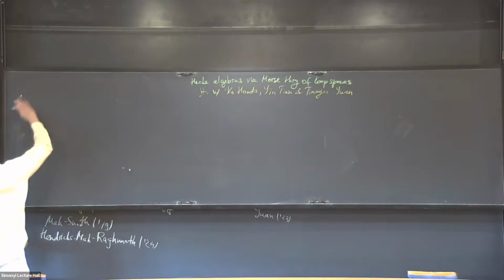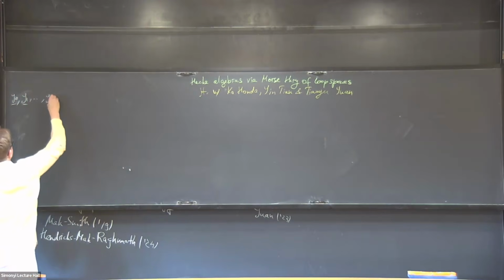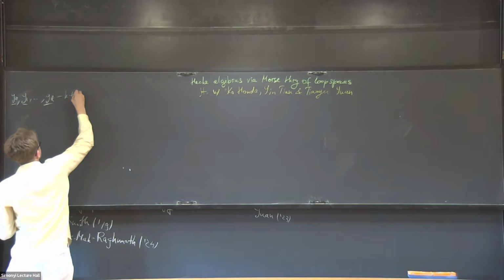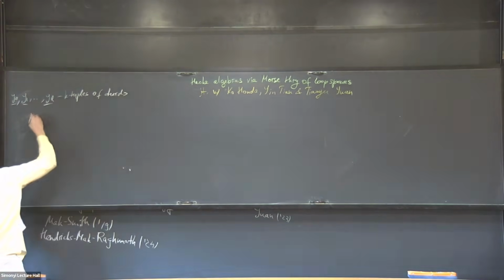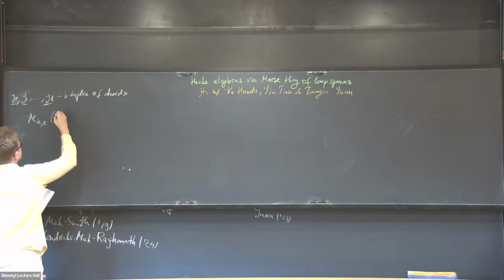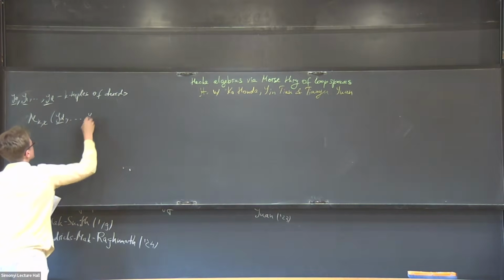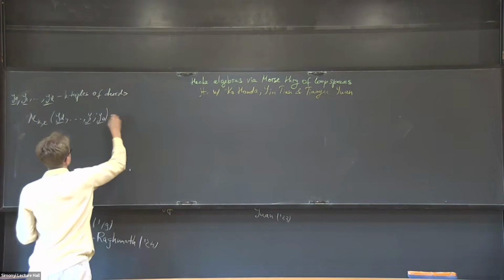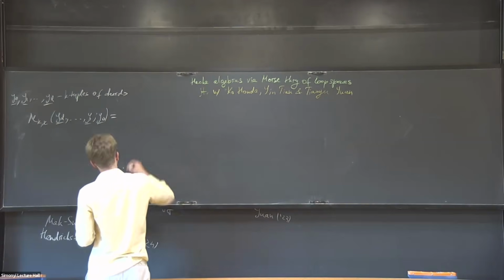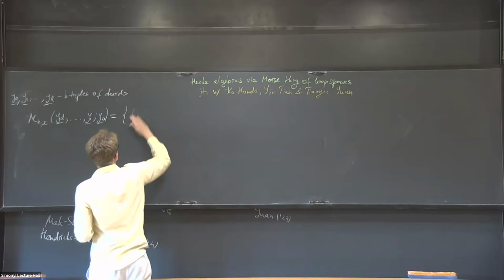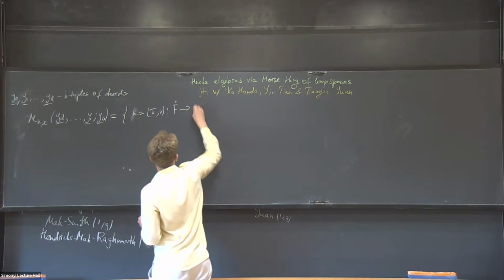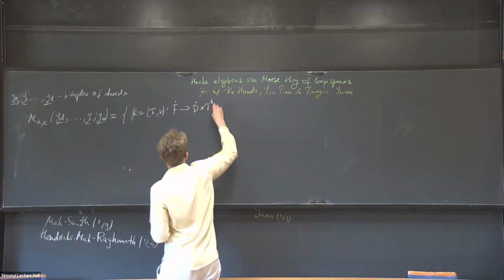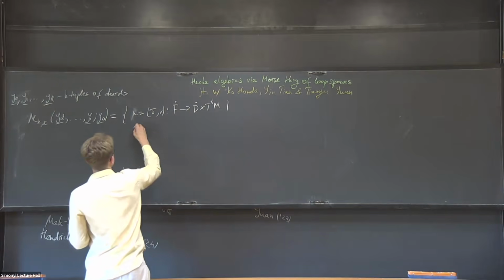If you have y_1, ..., y_0, tuples of chords, we associate with it the moduli space M_{k,chi}(y_1, ..., y_d; y_0), which is the space of u equal to (pi, b) from F dot to D times T star M, such that a bunch of relations hold.